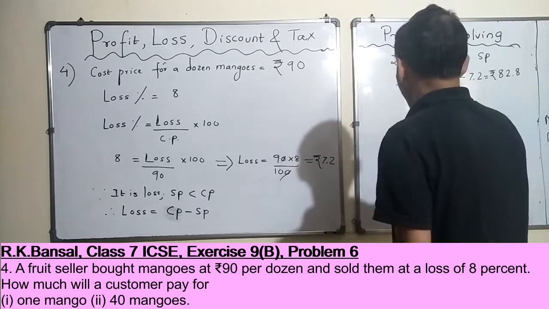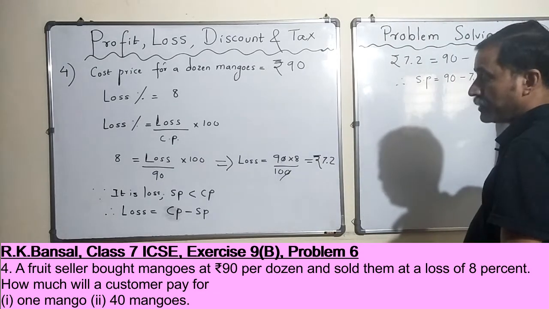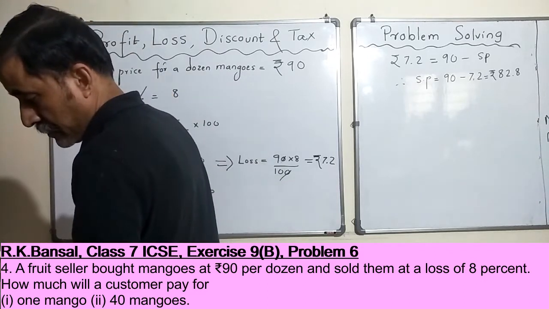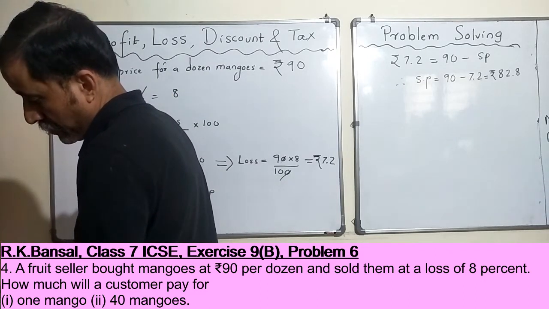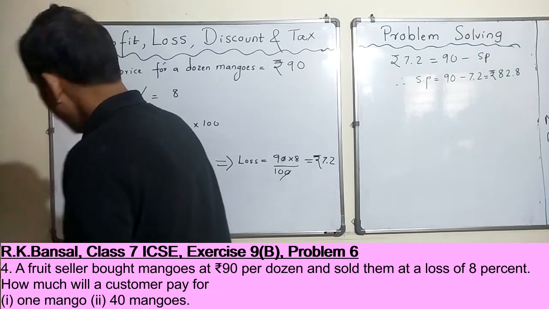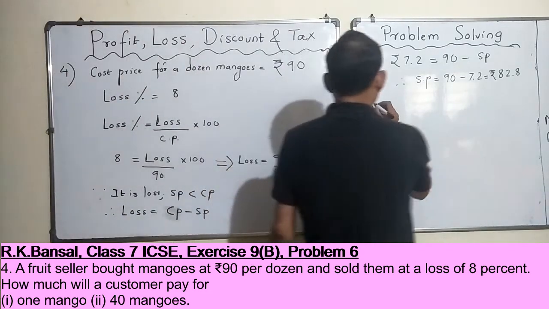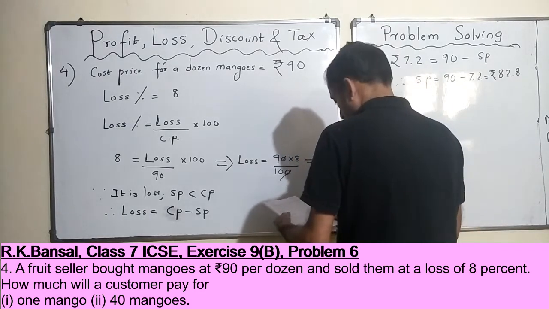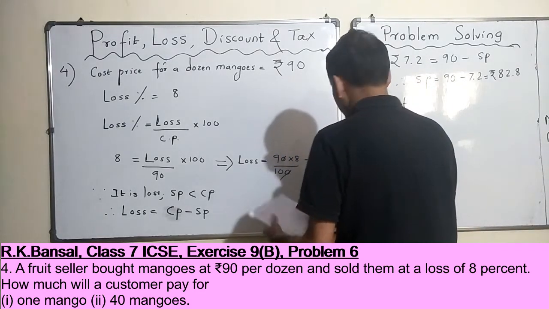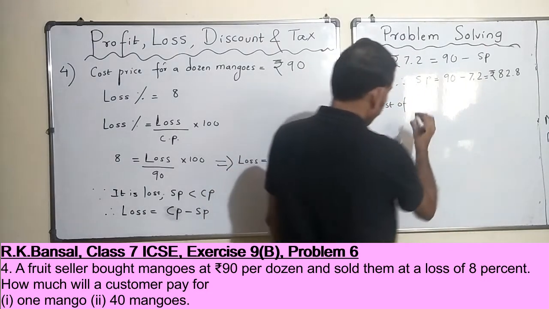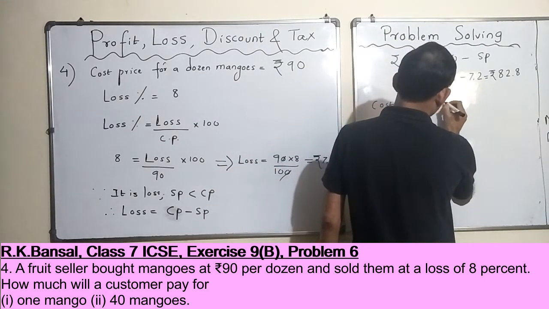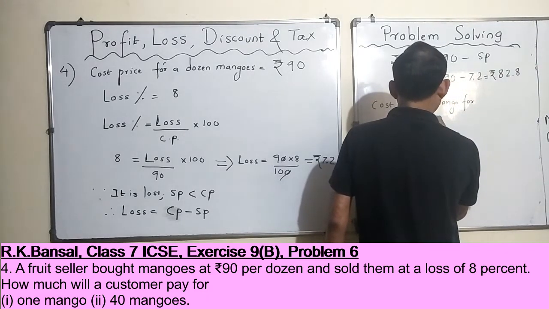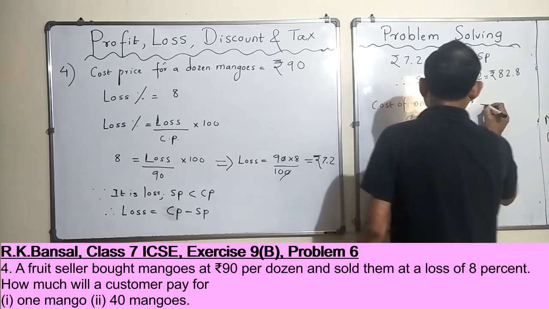Okay, now this selling price is 82.8 for how many? For a dozen? I guess it is for a dozen. So this is for a dozen. Therefore, what is the question? How much the customer will pay. So the cost of one mango for the customer.